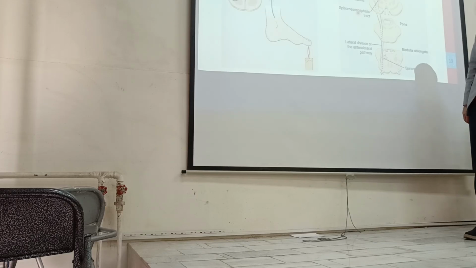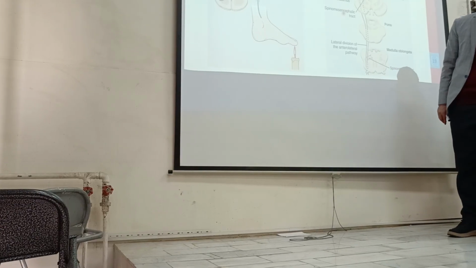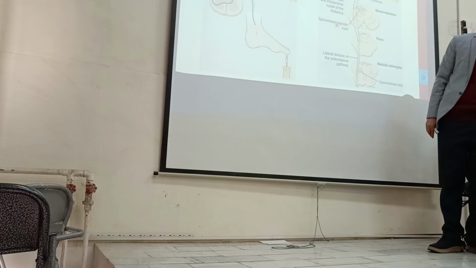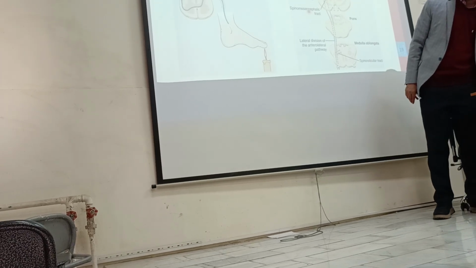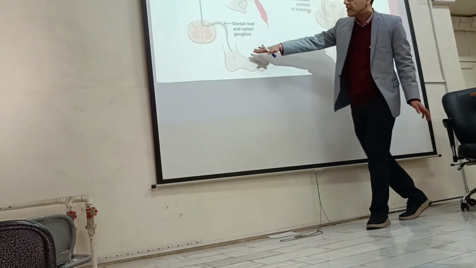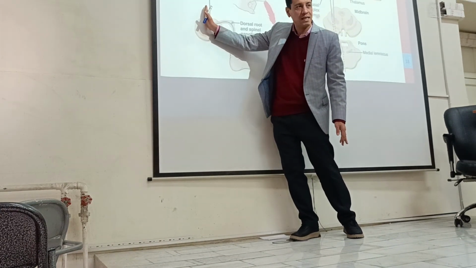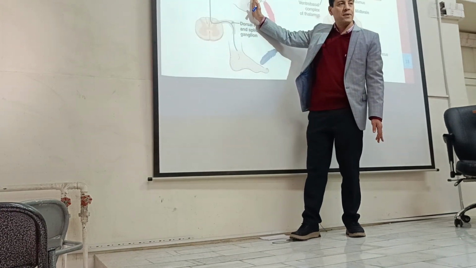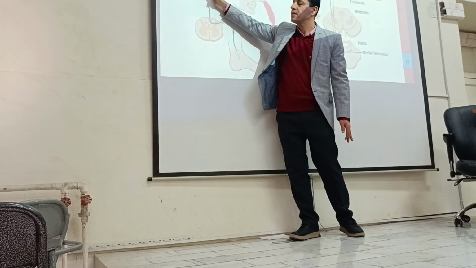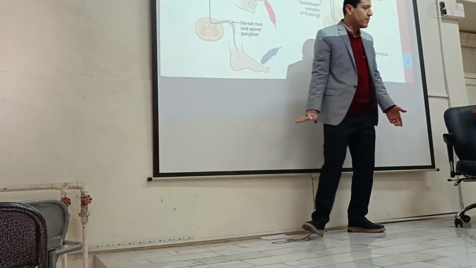So let's mention one difference between the orientation of the DCML system and the orientation of the anterolateral system. Remember that in the DCML system, the lower part of the body is represented medially, and the upper part of the body is represented laterally.